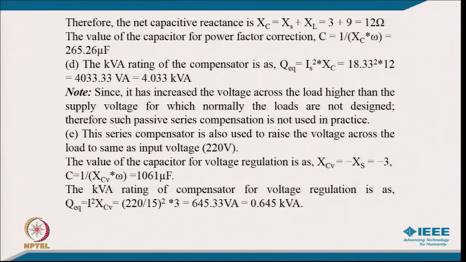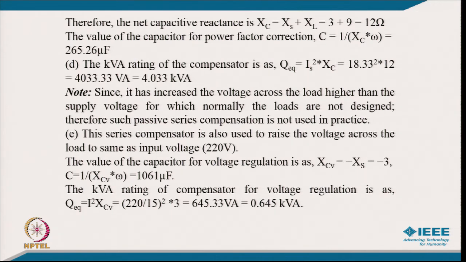It comes to 65.26 microfarad. So, the net kVA rating of the compensator in series is Is square Xc, 18.33 squared into 12, which comes to 4033.33 VA equal to 4.033 kVA.